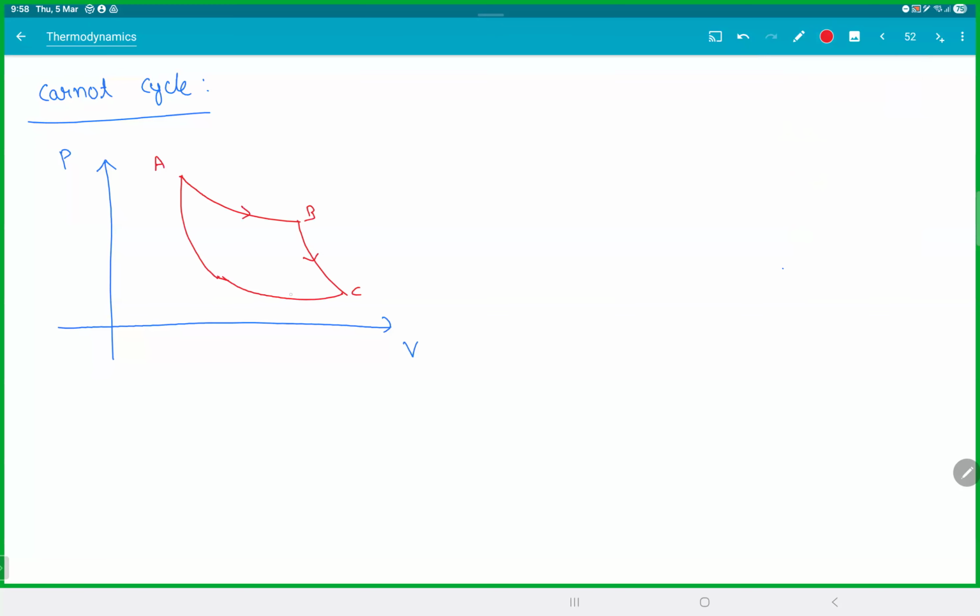A, B, C, and D. So AB is your reversible isothermal expansion.